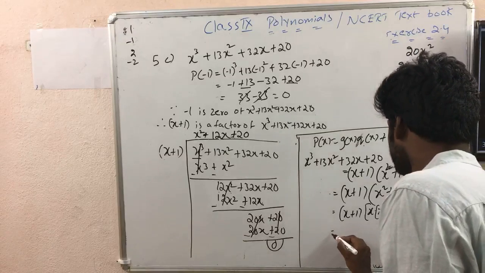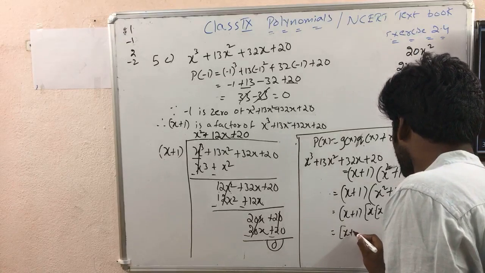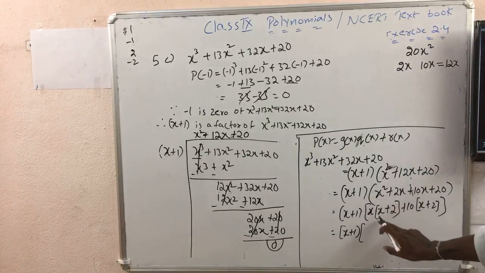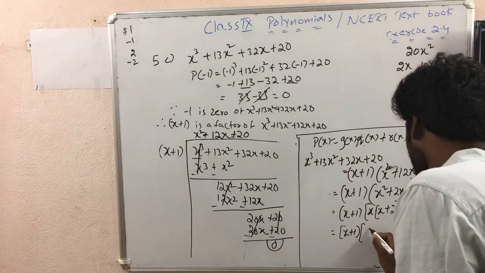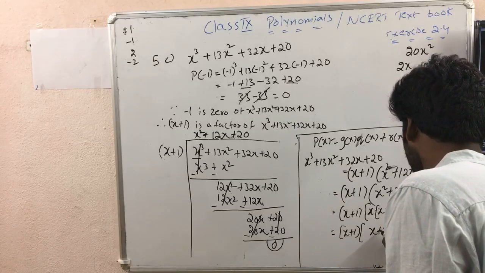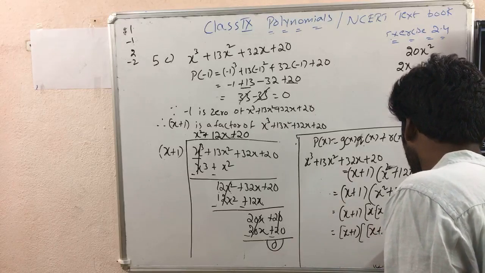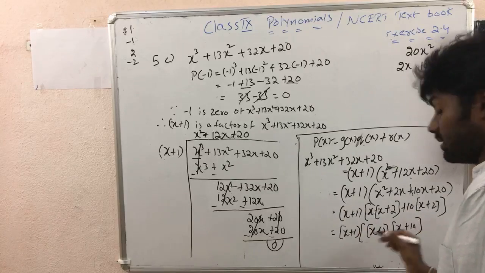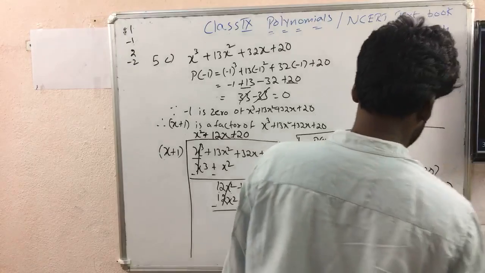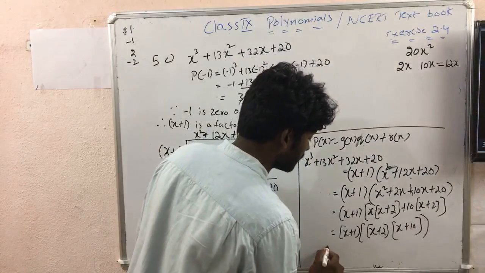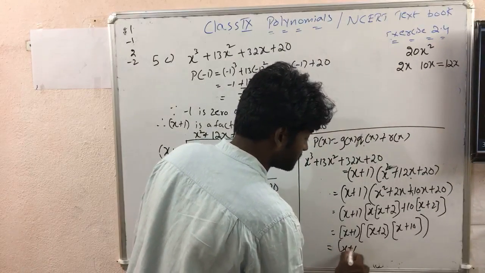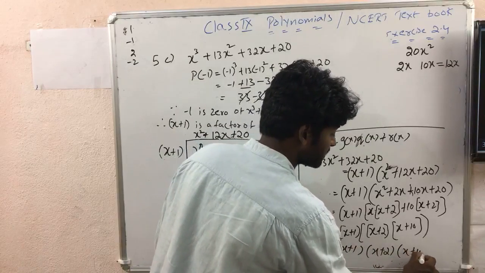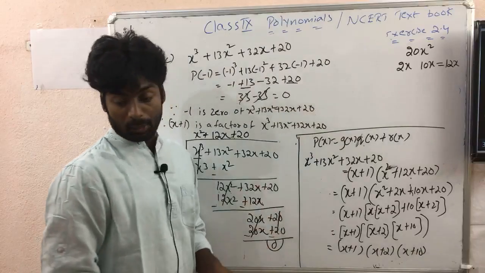Now x plus 1 into, in these two terms x plus 2 is common. Take x plus 2 common and you are left with x here and 10 here. That means the factors on factorizing are x plus 1 into x plus 2 into x plus 10. These are the factors of the given polynomial.